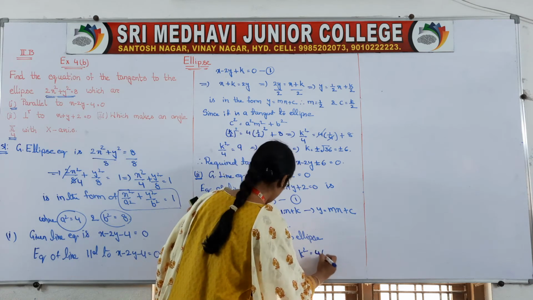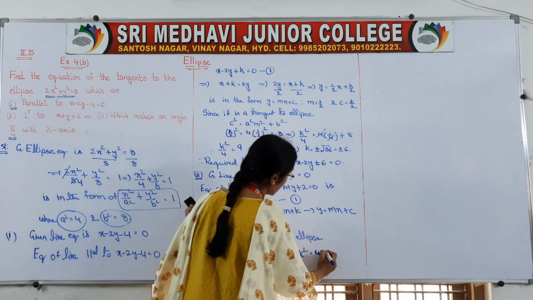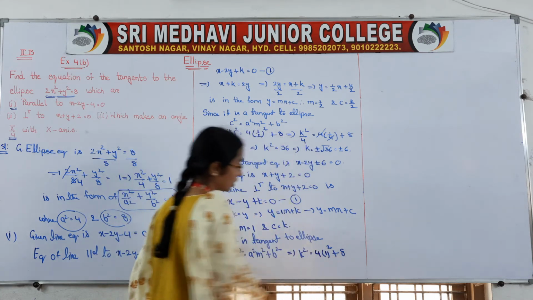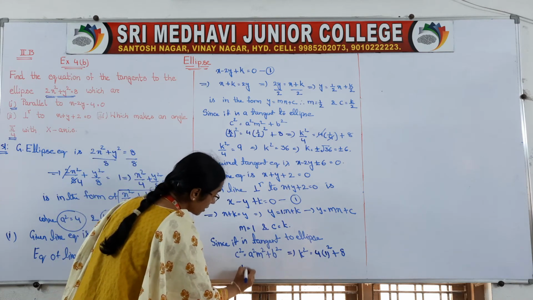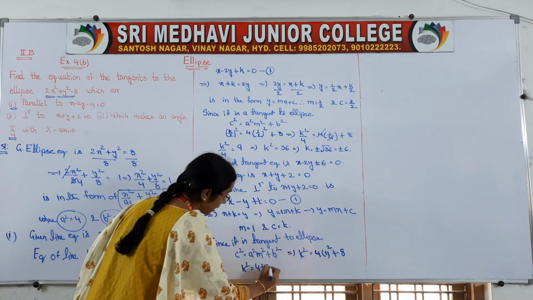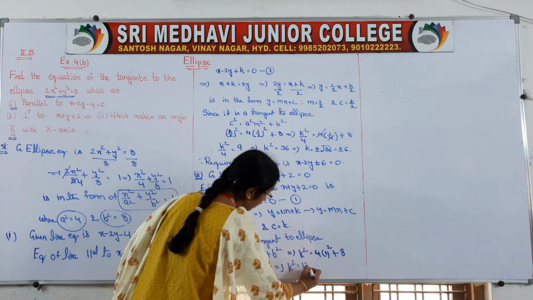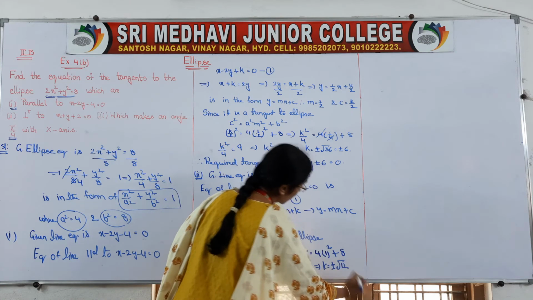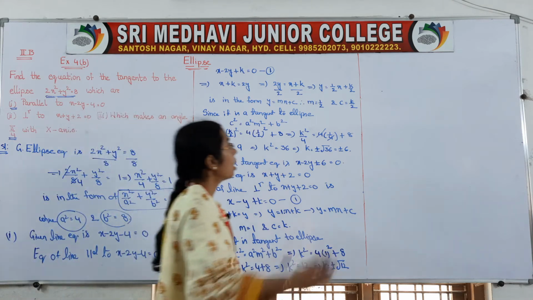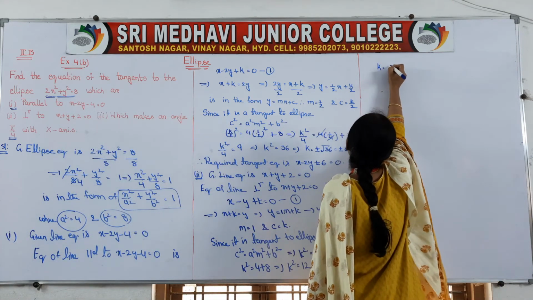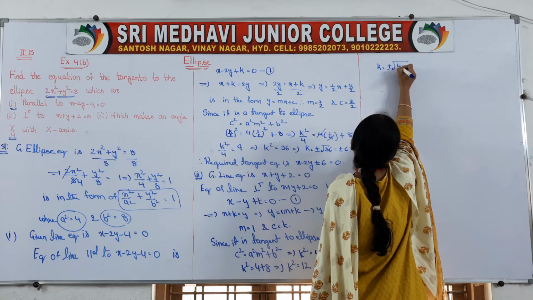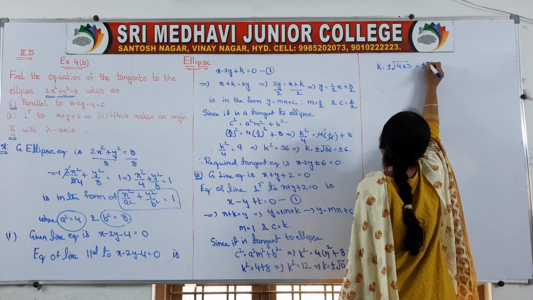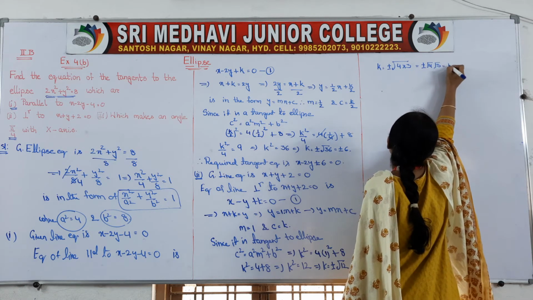Okay. So, here a² is 4, b² is 8 only, right. So, it is 4 into m², what is m for this question? It is 1², plus b², what is b²? It is 8. Okay. So, k² = 4 + 8, which implies k² = 12, so k = ± √12. How can we write this? √12 can be written as √(4 × 3), again taking the roots separately, √4 is 2.